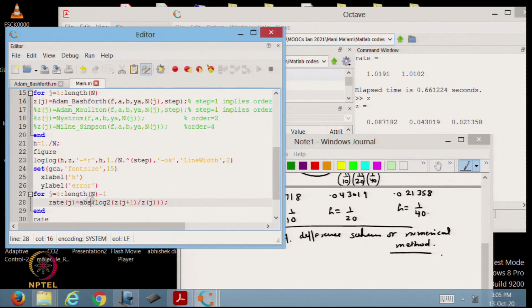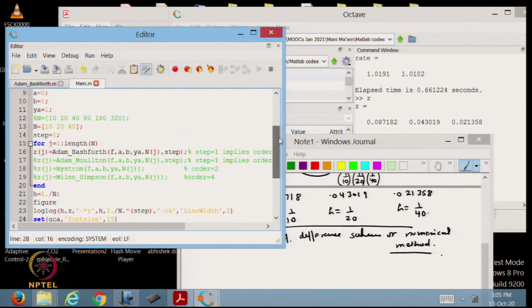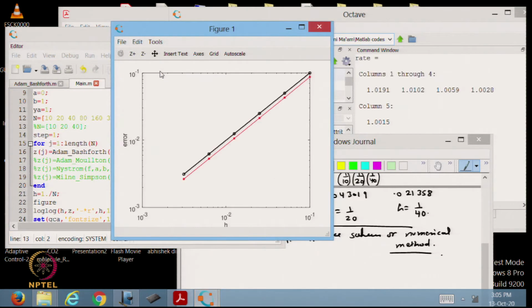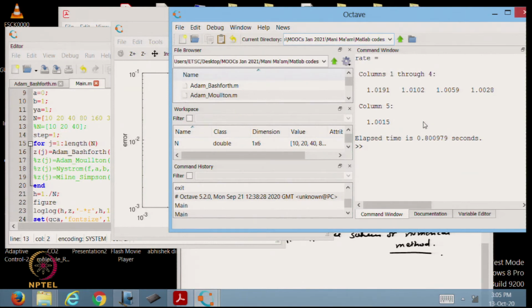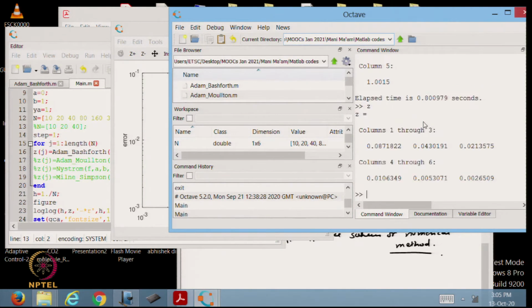In fact, if you want to see, you can also see by taking this n. Here the error should be further reduced. That is what you can type z here and you can see.